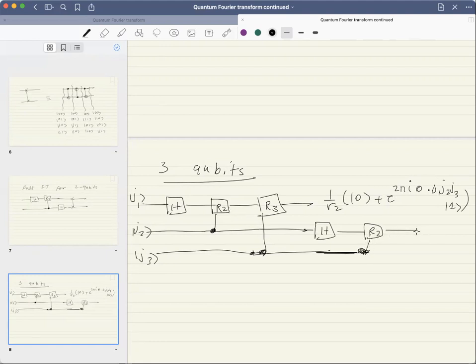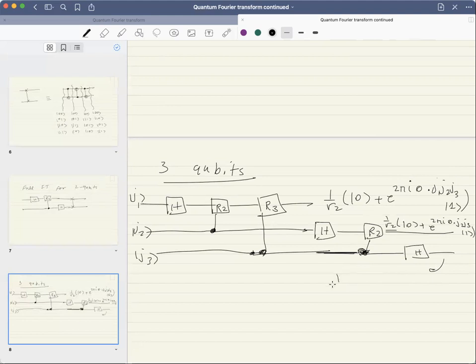So that gives me 1 over square root 2. Don't seem to have enough room here. So here, let's write it above it. 0 plus e to the 2 pi I point J2, J3, state 1. And finally, I have this last one. I just hit it with a Hadamard.